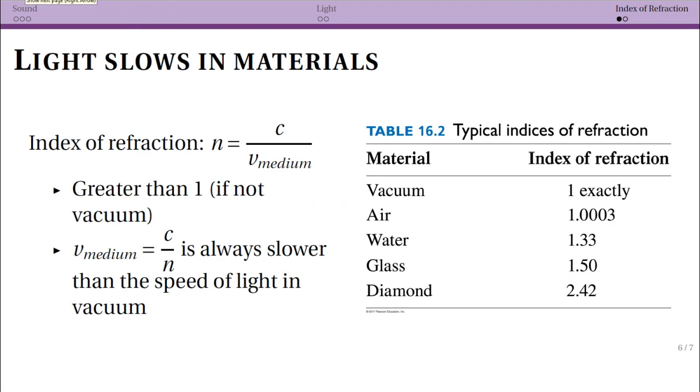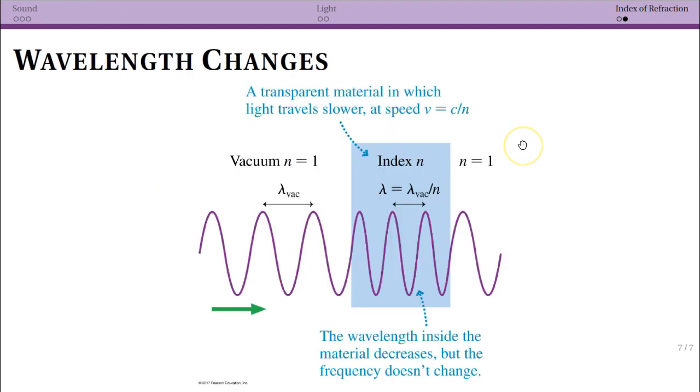So within the scope of this class, what do we actually need to know? We need to think about how the wavelength of the light is going to change as it goes into a different material. So remember that we said that there's a relationship between speed, wavelength, and frequency.